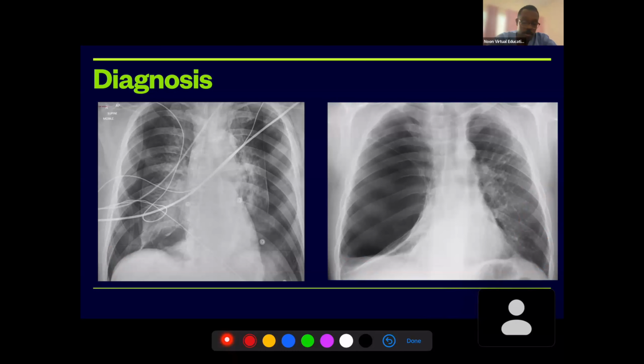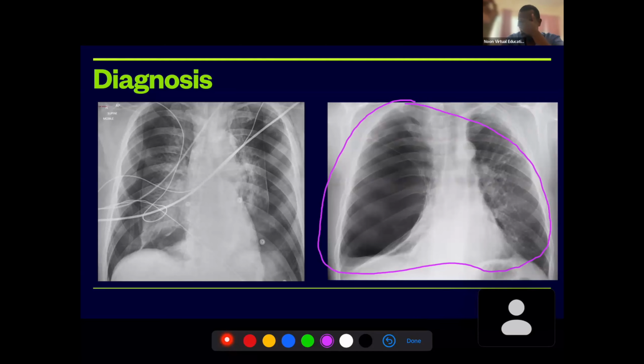So what about this image? Can anyone diagnose what's here? Same finding.